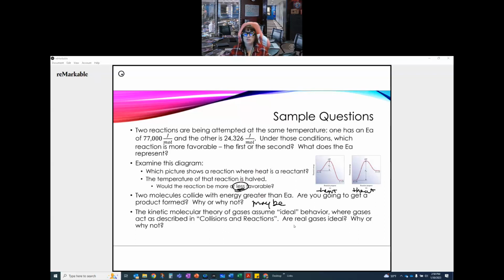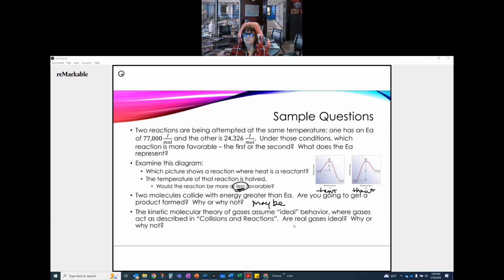Next question. The kinetic molecular theory of gases assumes ideal behavior, where gases act as described previously. So we talked about this. Are real gases ideal? Are they? So I'm asking the question. Generally, that indicates that there is an answer.